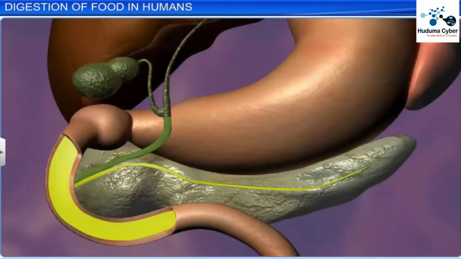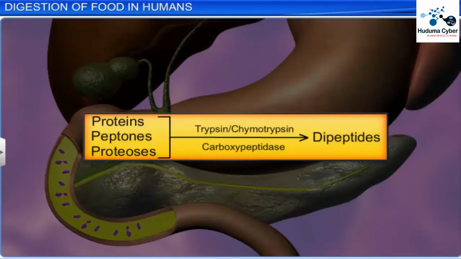The bile and pancreatic secretions now start converting complex molecules of the chyme into simpler forms. The proteolytic enzymes trypsin, chymotrypsin, and carboxypeptidase, for instance, act upon the proteins, proteoses, and peptones and convert them into smaller peptides.